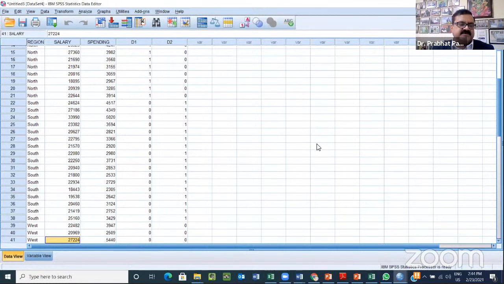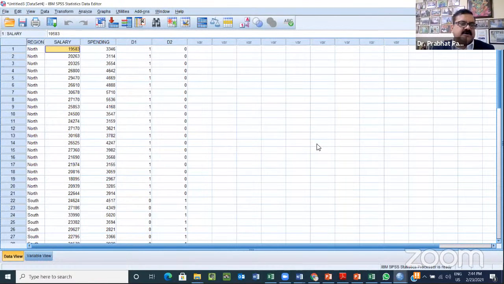Here we have kept West as the reference, and we are comparing South with West, and North with West. So what we are looking into is whether the teachers in North are getting a significantly different salary in comparison to West, and whether the teachers in South are getting a significantly different salary in comparison to West. Both comparisons are with West, and that's why West is called the reference dummy, right?